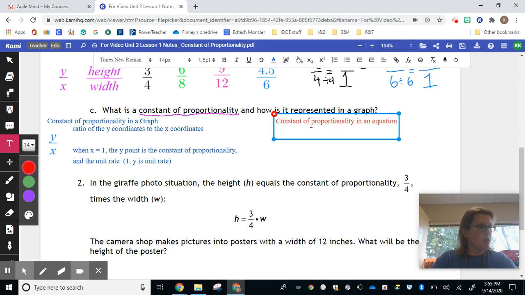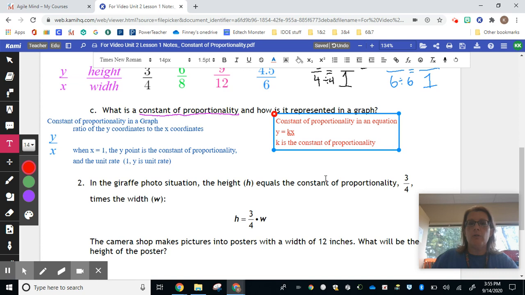So constant of proportionality in an equation looks like this. It's always y equals kx. I don't know who decided k for this variable, but k is the constant of proportionality.